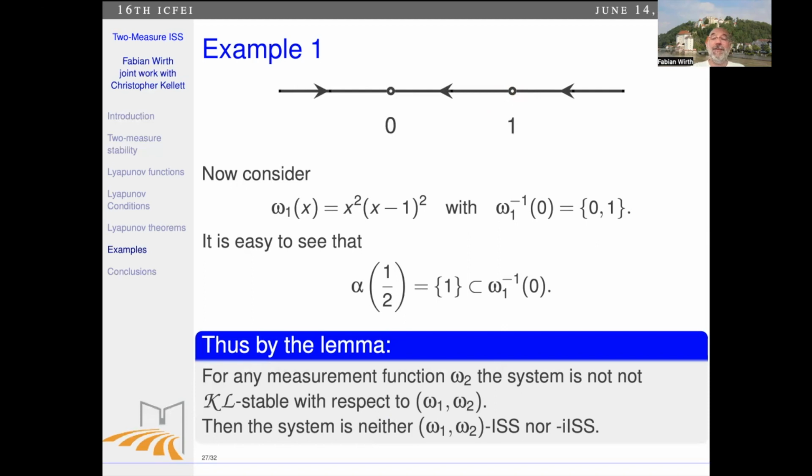So the inequality that you need has omega 1 on the left-hand side, that should be small, and omega 2 on the right-hand side, that should be large. And then the convergence that happens towards our 0 level sets of omega 1 is what guarantees that the system is still integral input to integral state stable.